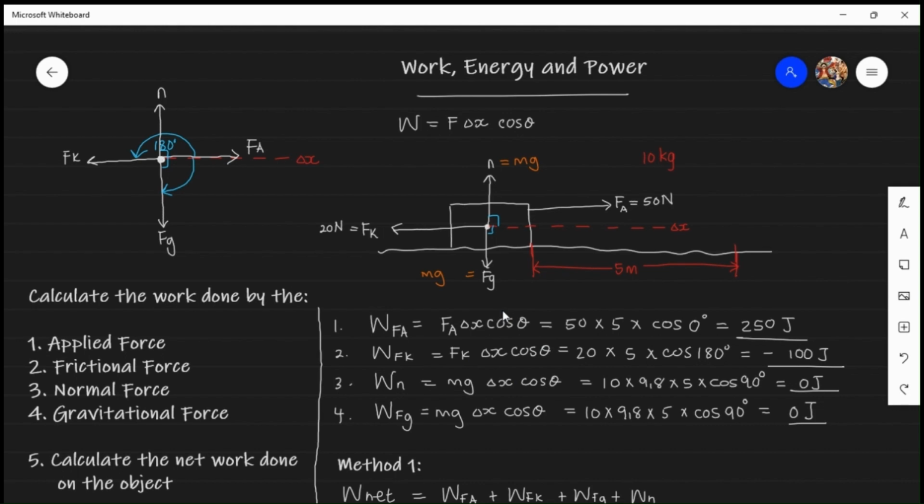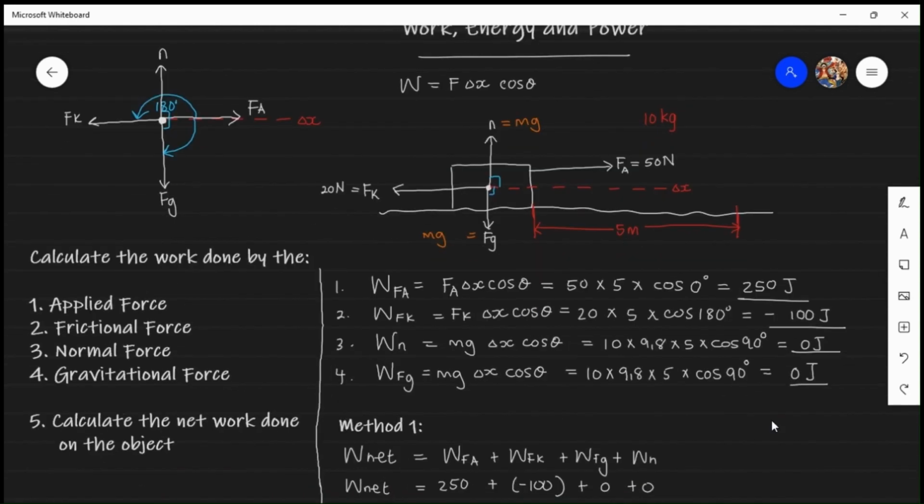So our applied force is 50 newtons to the right, whereas our kinetic frictional force is 20 newtons to the left. So I'm going to take my direction of motion as positive. I'm going to take applied force as positive 50 newtons because it is in my direction of motion, and opposing the direction of motion is my kinetic frictional force, which is then going to be negative 20 newtons.